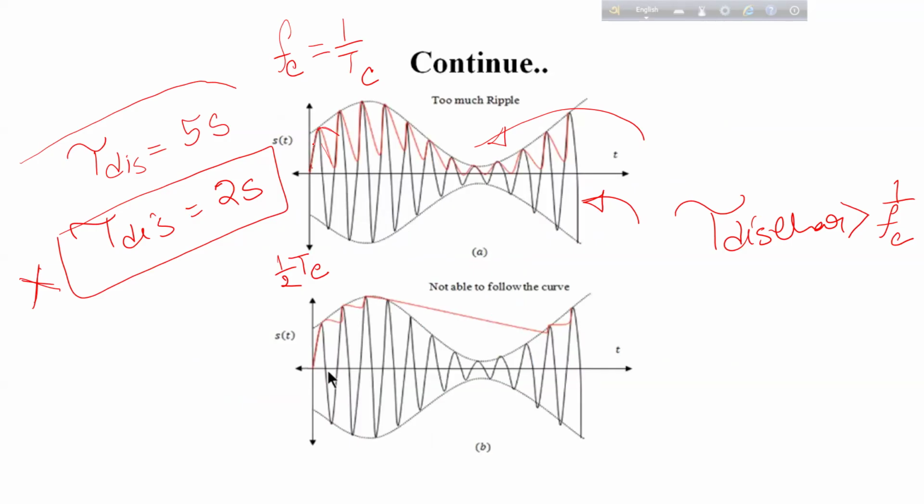Discharging time should be higher than 1 by Fc.